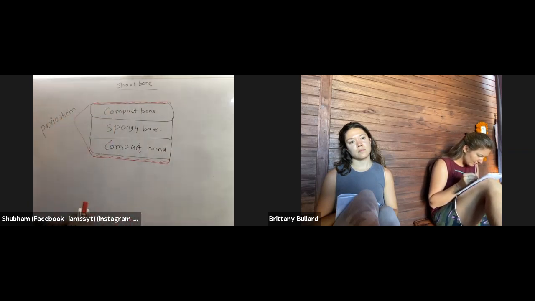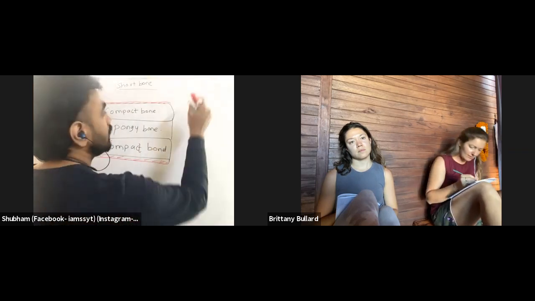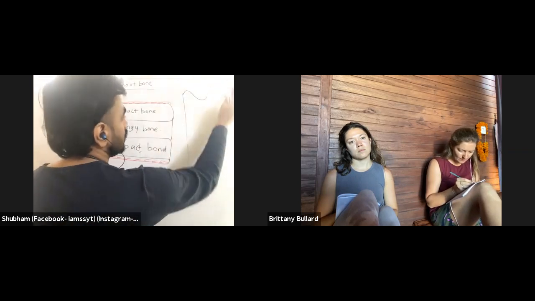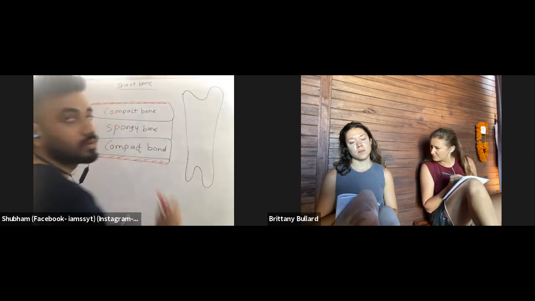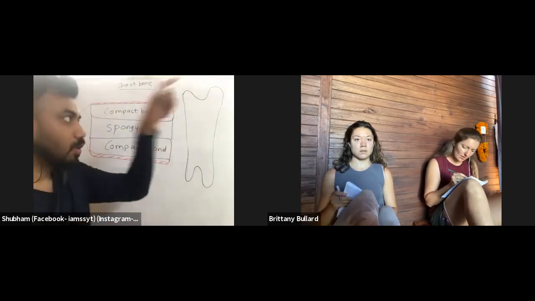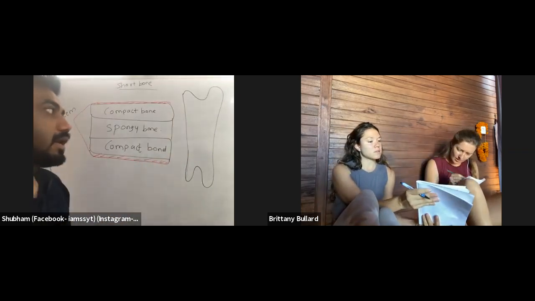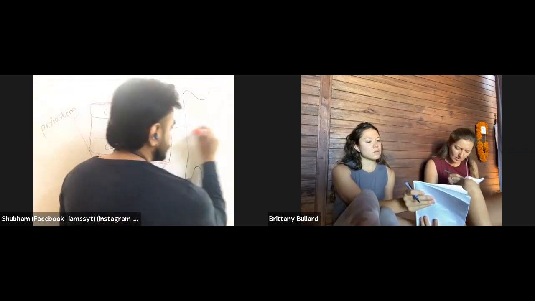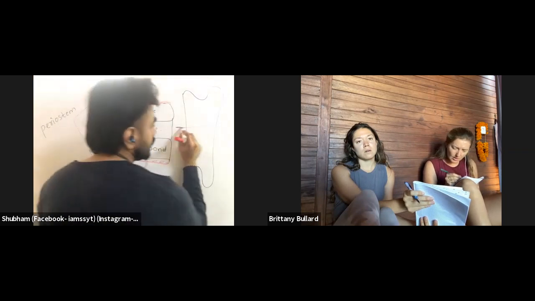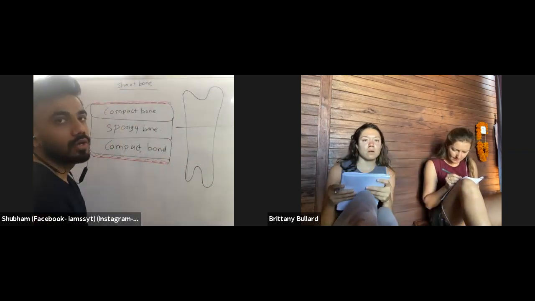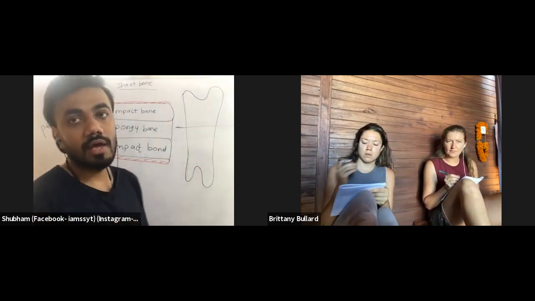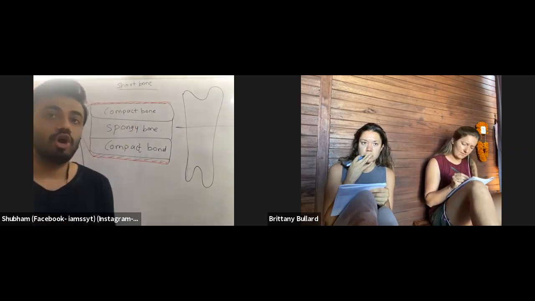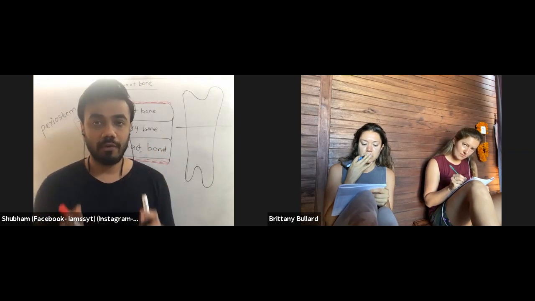So this is the short bone, and this is the long bone that we already studied. But when we cut this long bone, we will have a cross section of this long bone, like a trunk of a tree.